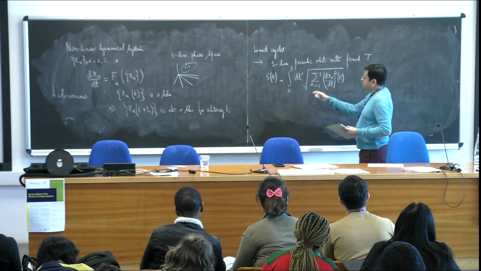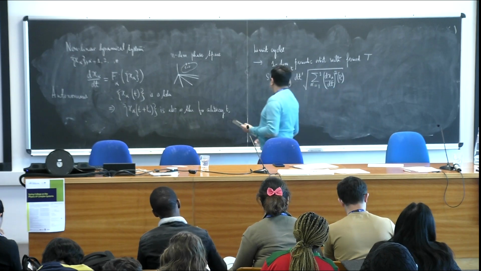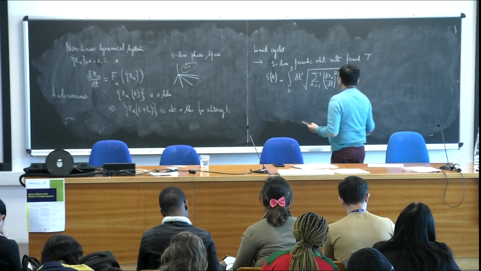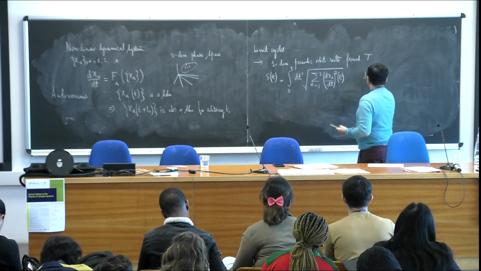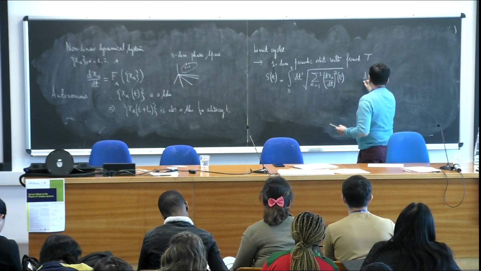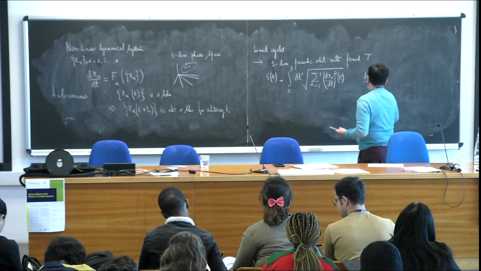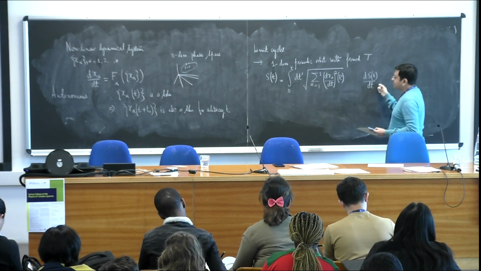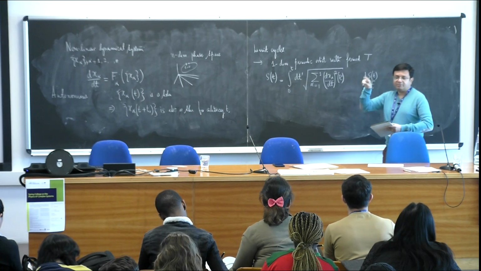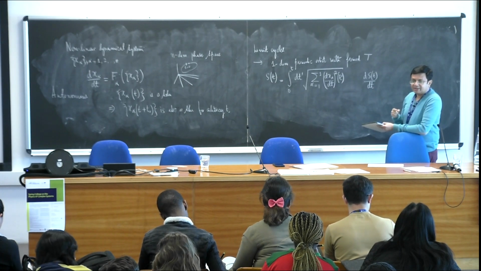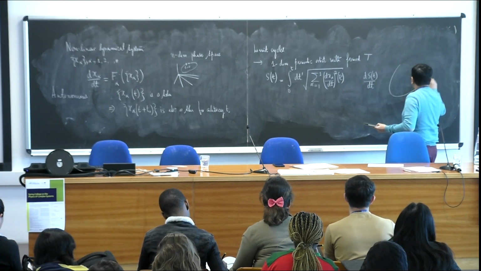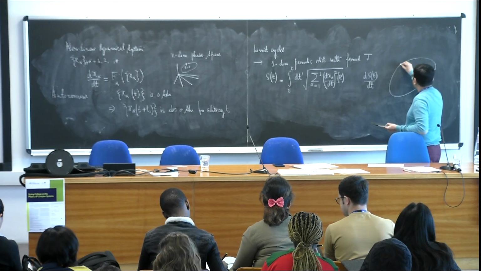Now the problem with this definition is that there is nothing that says that ds/dt, the time derivative of this as a function of time, is going to be uniform around the limit cycle. Let me draw this limit cycle a little bit bigger.